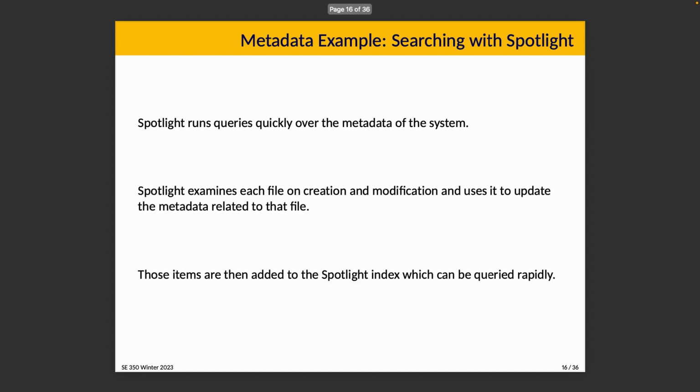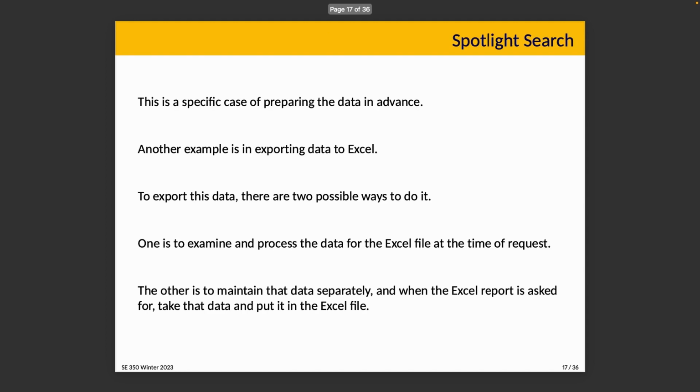Now, with that said, Spotlight runs queries relatively quickly over the metadata of your system. It examines each file on creation and on modification, and it updates the metadata, thus allowing for relatively quick searches because you just have to search the index to find the stuff that you need. Now, it's not magic, right?